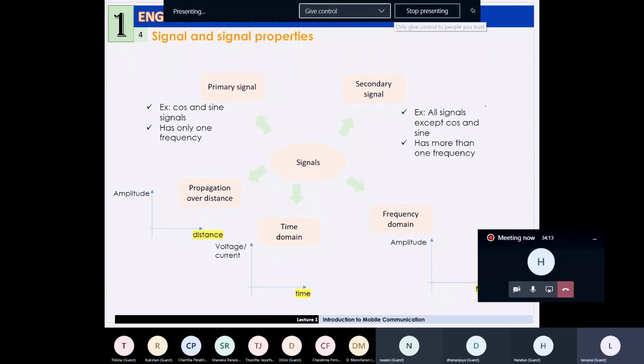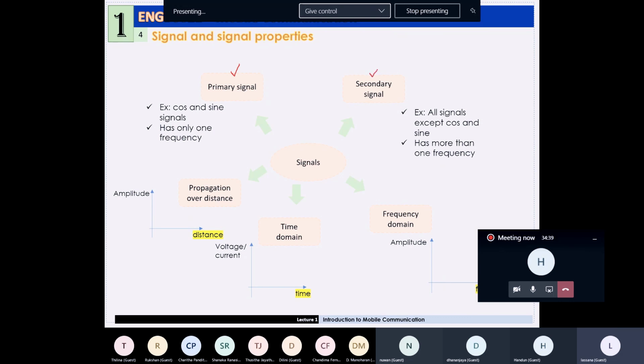Signals can be mainly divided into two main categories. One is called primary signal. The other one is called secondary signal. Primary and secondary signal. Of course, you can categorize signals in different ways. Maybe sometimes you may say signals can be categorized into analog signals and digital signals.